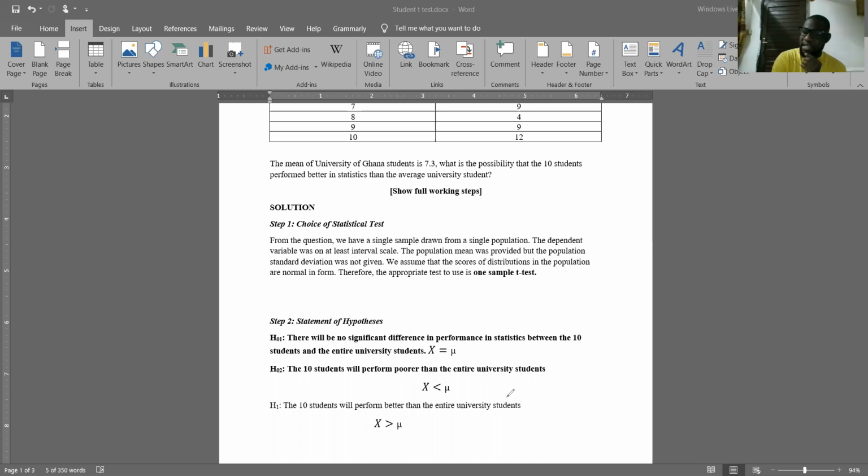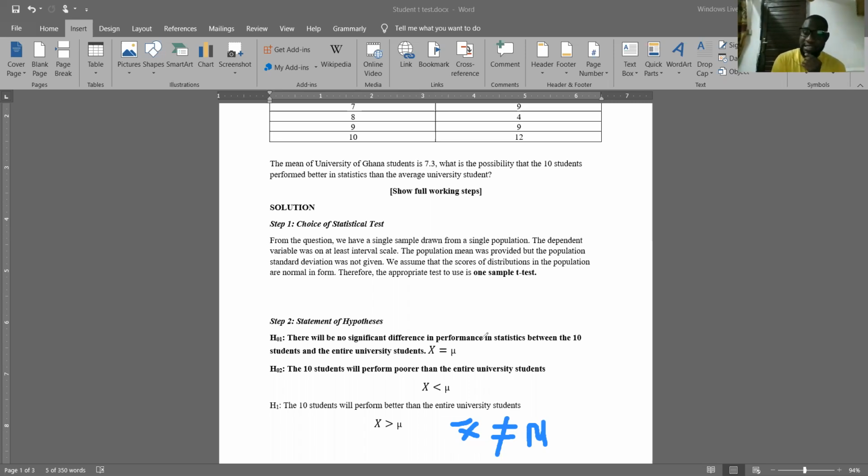You would have represented it as the sample mean will not be equal to the population mean. Then your H0 will be the direct opposite of H1.